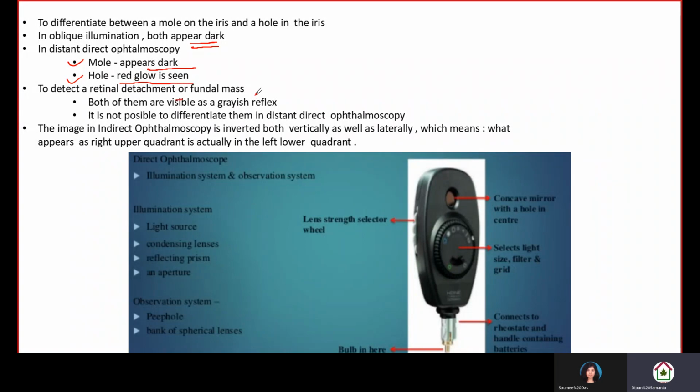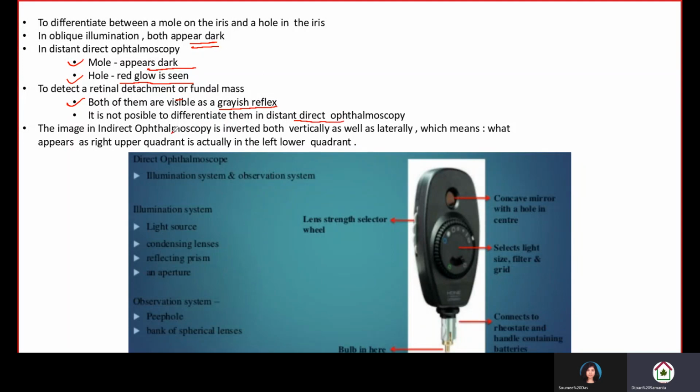To detect a retinal detachment or fundal mass, a grayish reflex is seen, and it is not possible to differentiate them in the distant ophthalmoscope.